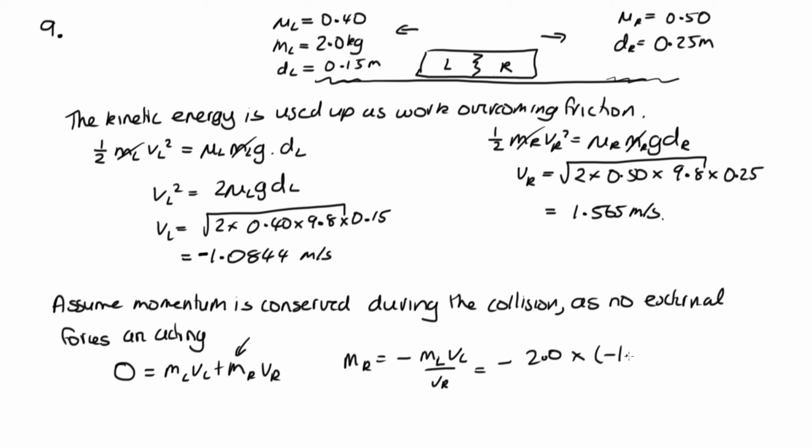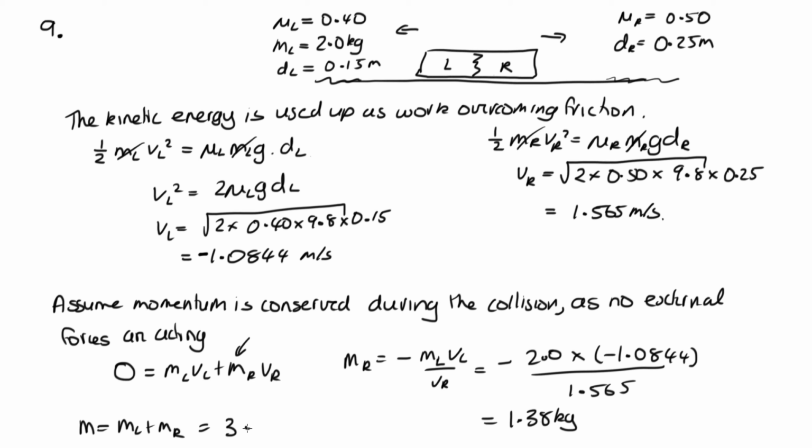So this is minus 1.0844, divided by VR, which is what we calculated up here, 1.565. And solving this, we end up with 1.38 kilograms, but then we're asked for the total mass of the block. So the total mass is equal to ml plus mr. So ml was 2, mr we've just calculated is 1.38. So this is equal to 3.4 kilograms.